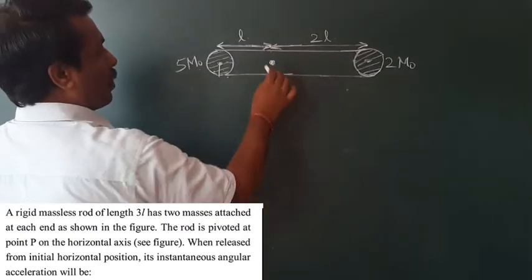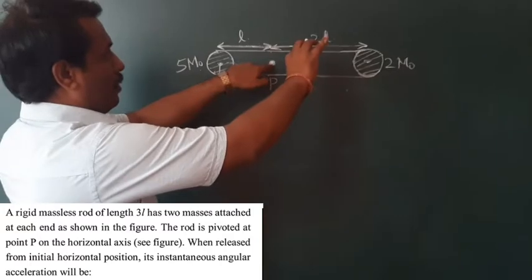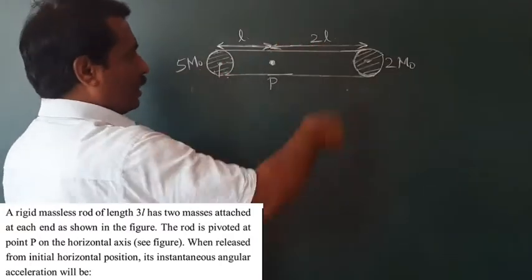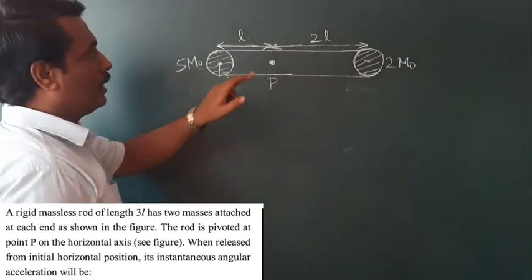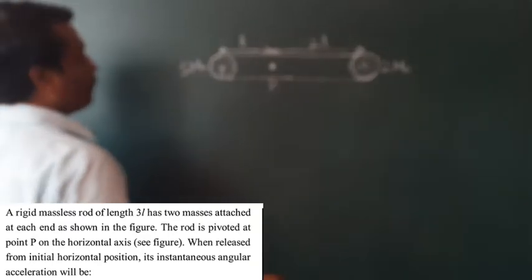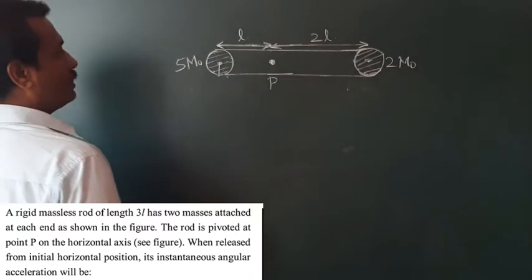Now if the rod is released, then what is the acceleration? When we leave it freely, then what happens? This rod will rotate in clockwise direction about point P, right? Therefore, here what are the torques acting on this rod? See here, first we will see what are the forces acting on this.